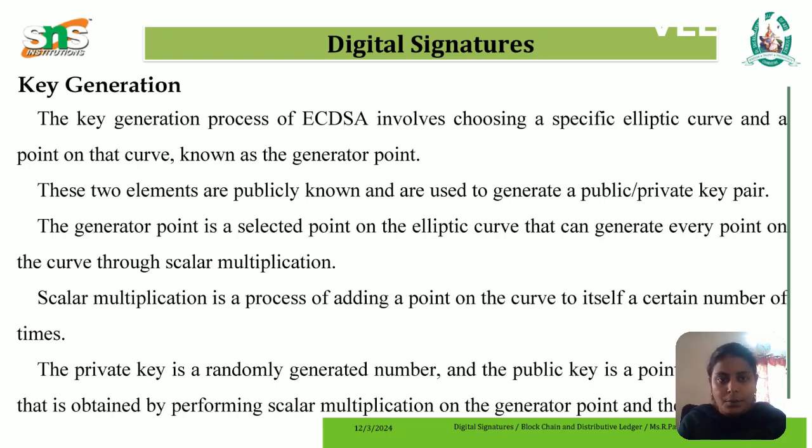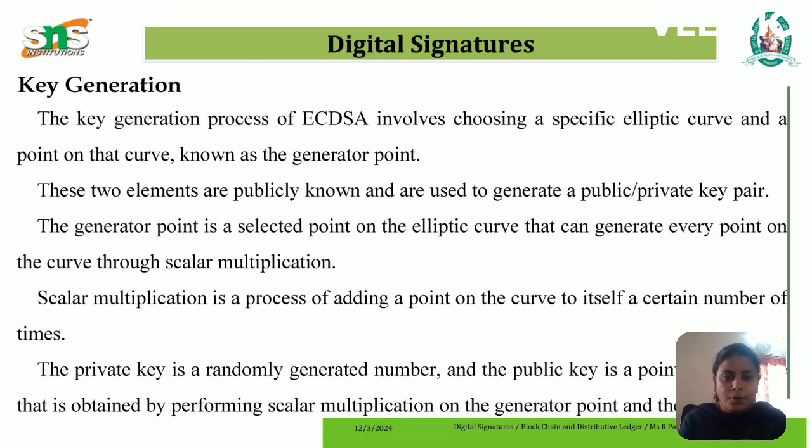The key generation process in ECDSA involves choosing a specific elliptic curve and a point on the curve known as the generator point. These two elements are publicly known and are used to generate the private and public key pair.